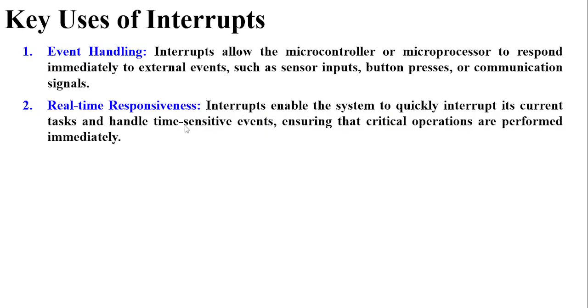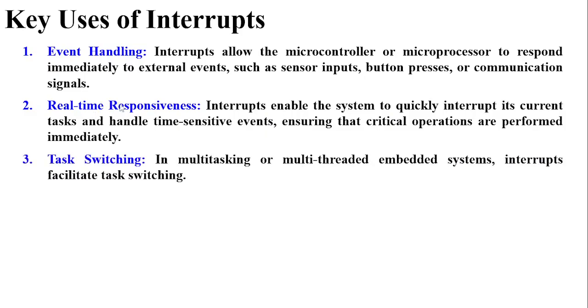Whenever we write a program to detect multiple tasks and handle the tasks in a very time-sensitive manner, in that case we should always use interrupts. These are generally used in real-time operating systems also.